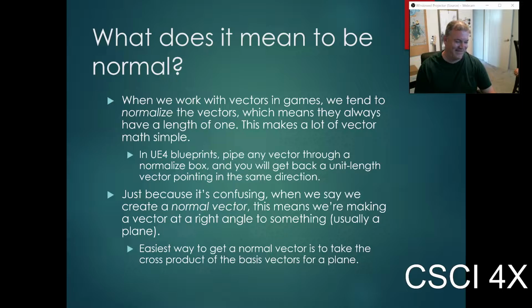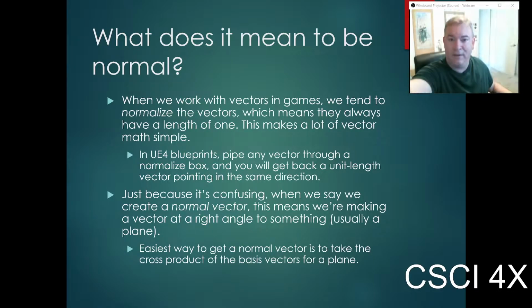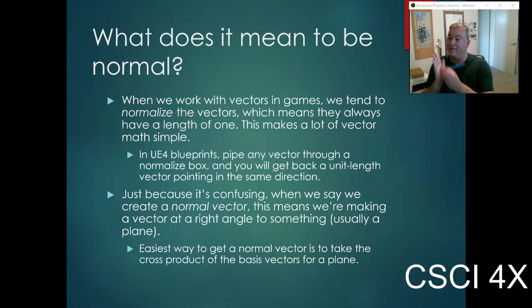So a normal vector is a vector pointing out of the plane at a 90-degree angle. That makes sense? So if you have your table and you put your pencil straight up on the table, that is a normal vector. It is a vector pointing out from a surface at a 90-degree angle, perpendicular to the surface.